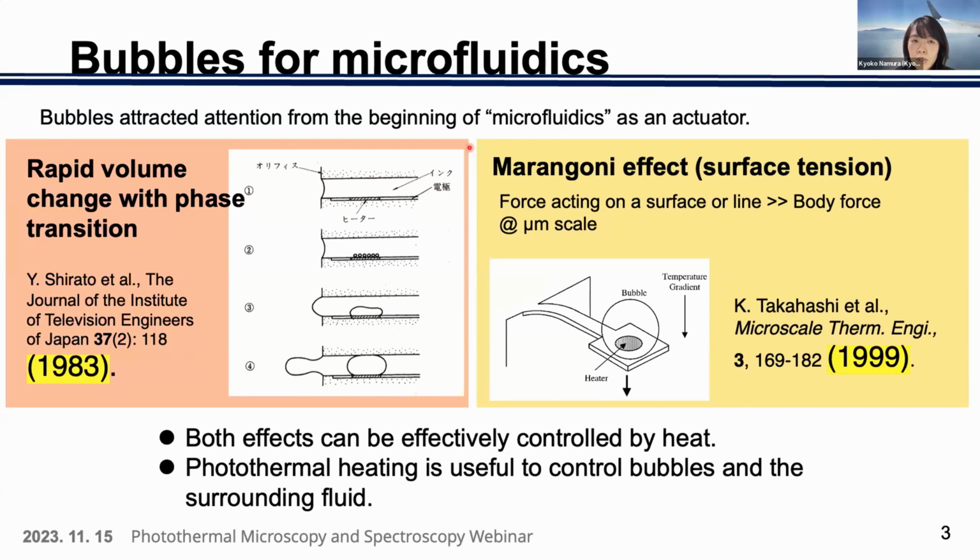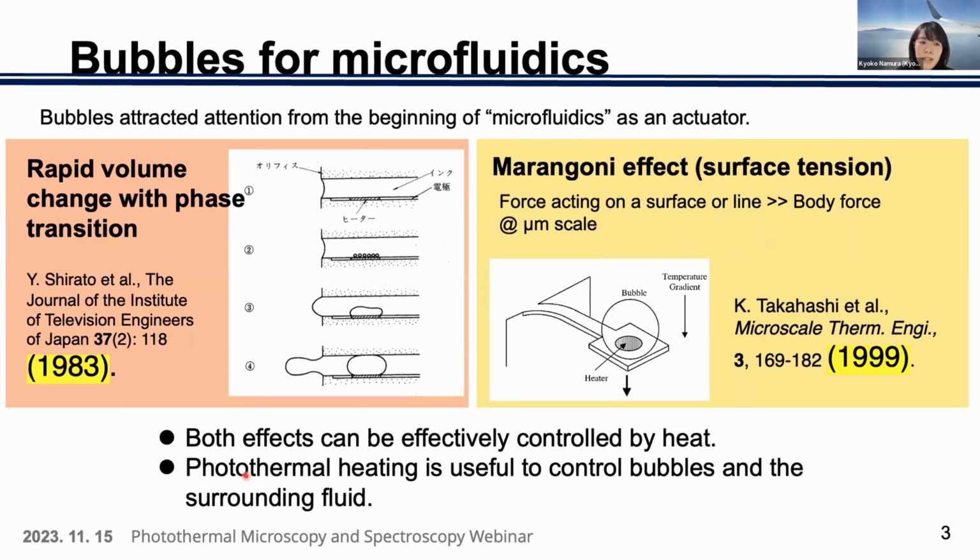Also, the Marangoni effect, that is surface tension differential, was tried to be utilized to control micro machines or other kinds of micro robots. Because the Marangoni effect is a force acting on a surface or line, it can be dominant over body force at the micrometer scale.